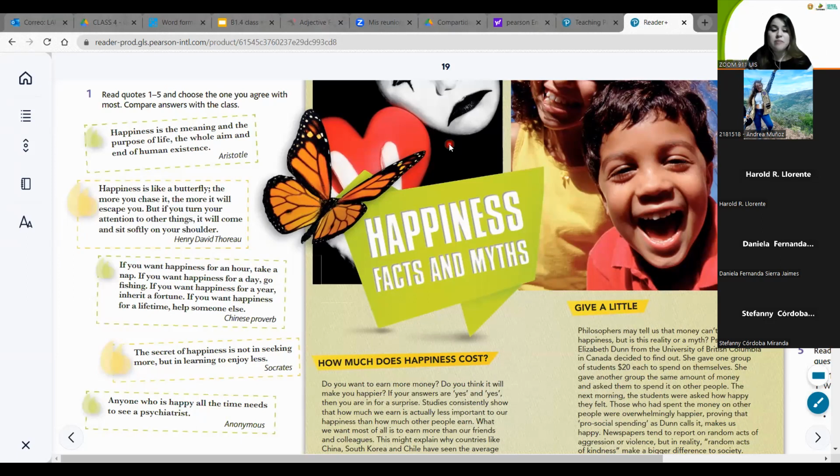Now that we're talking about happiness, helping others, helping animals, helping kids, helping the elderly, I mean old people, helping society in general, it makes me really happy. And I am happy with that.